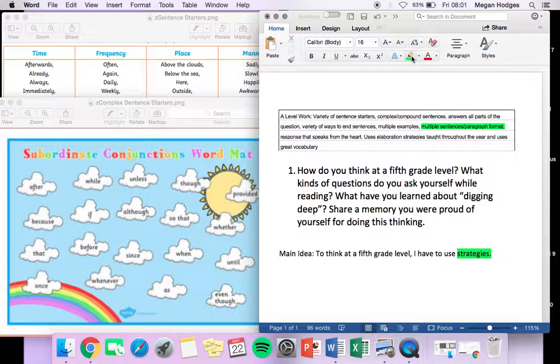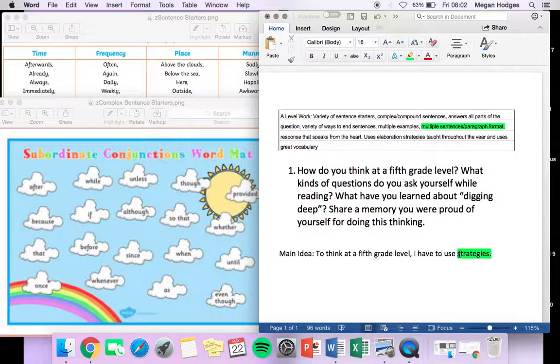Now, some of you might say, Miss Hodges, that is quite big. So when you say strategies, it could be anything. But it's better to have a main idea that's too big than a main idea that's too small. So I'm going to encourage you guys to go back to your work and make sure you have that main idea that organizes your response.